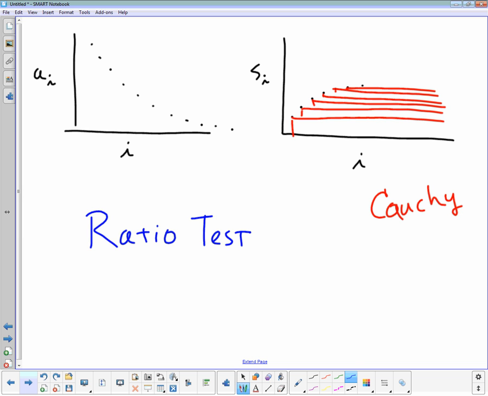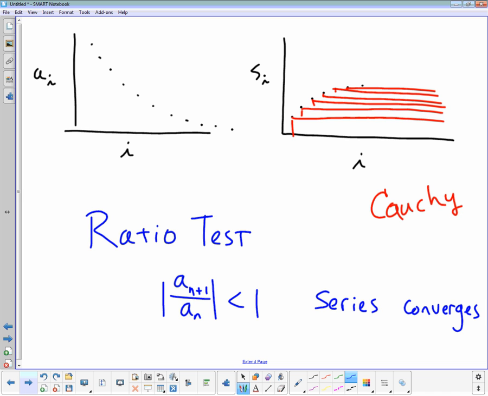Well, the ratio test says that if the absolute value of a to the n plus 1 over a to the n is less than 1, the sequence converges, the series converges. That's the ratio test. It's important enough that you should write it down.